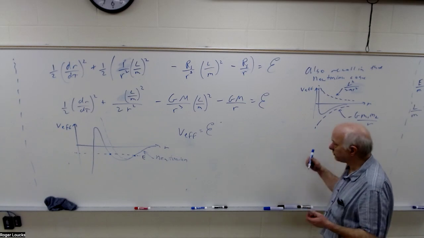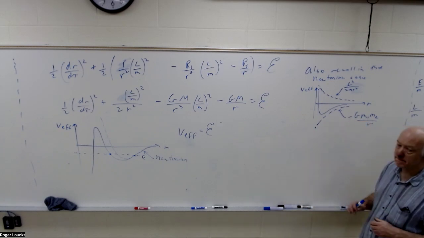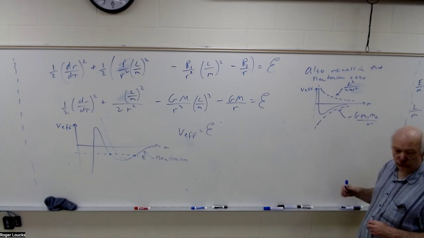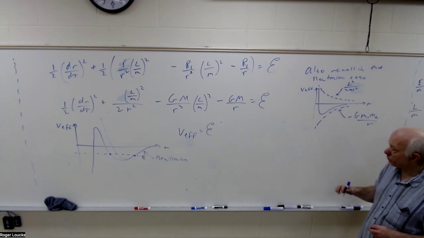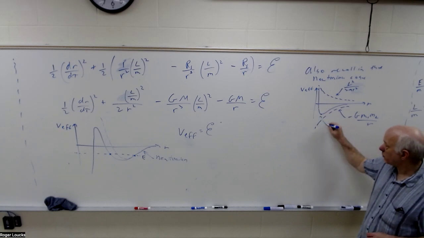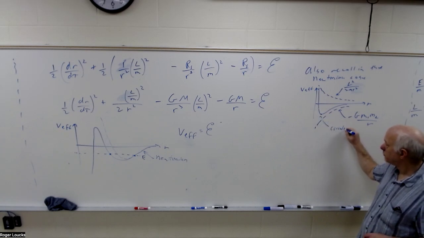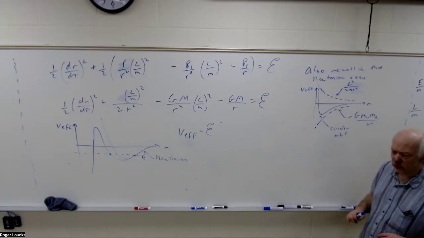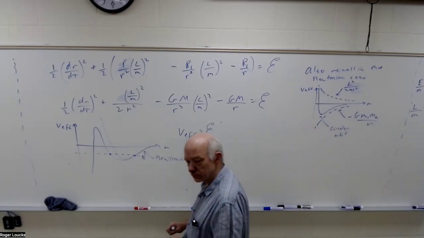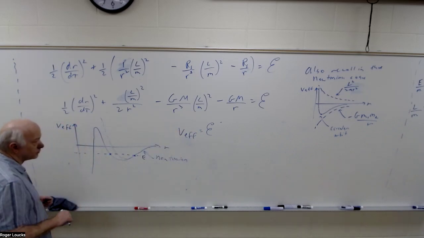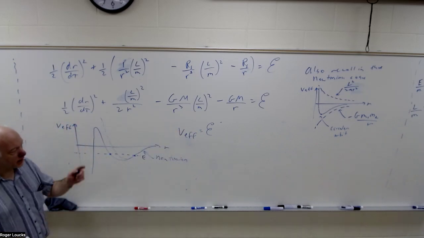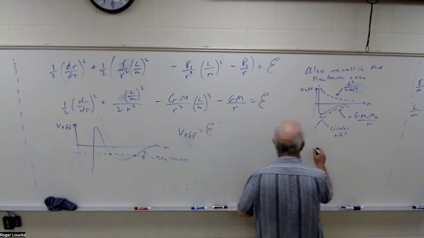Now, what about circular orbits here? The circular orbit occurs at the bottom, right here. This is a circular orbit. Where do we get circular orbits here? We always have two intersections at minimum. Why was this a circular orbit?